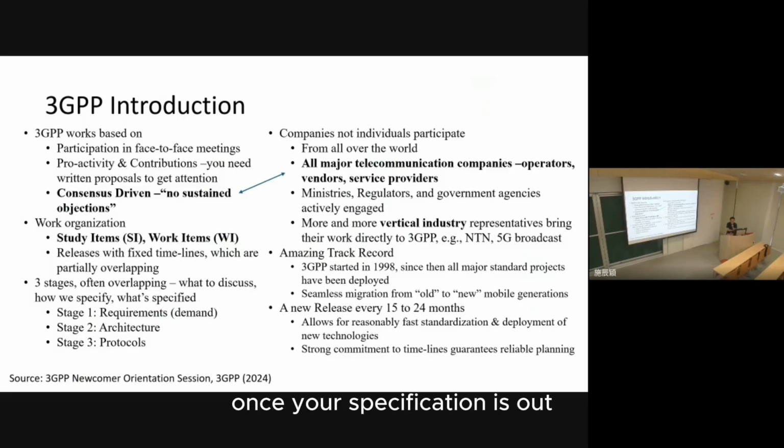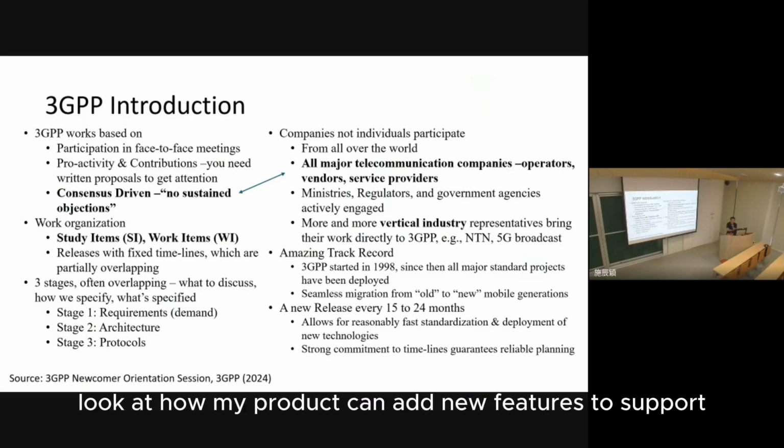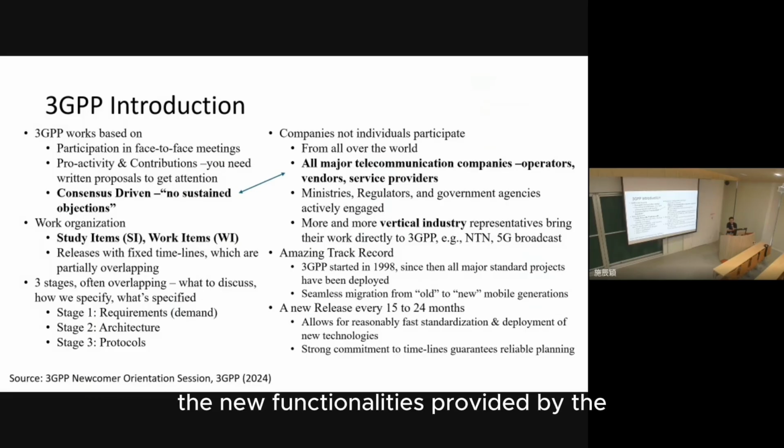Once your specification is out, then I can start to look at how my product can add new features to support the new functionalities provided by the new release of the standards. And then I also want to plan my release and commercialization of the new product, depending on when I'm going to get a complete version of the standards.